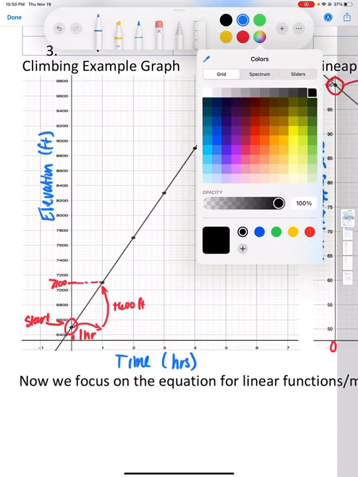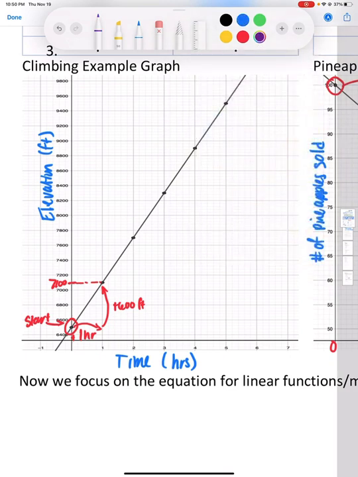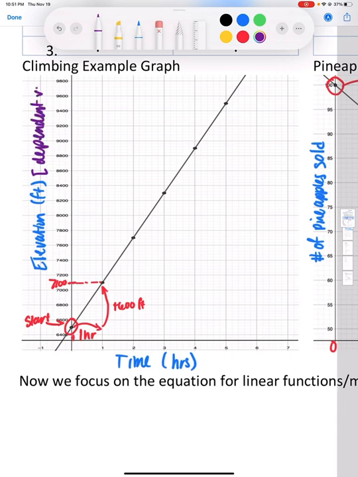Elevation is the dependent variable. And for the climbing example, the independent variable is the time in hours.